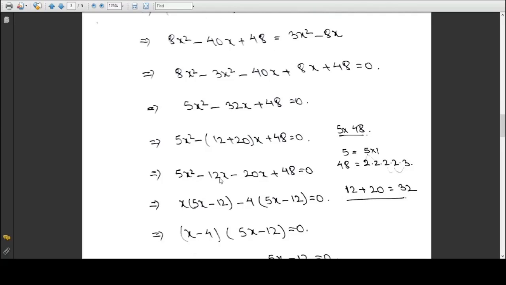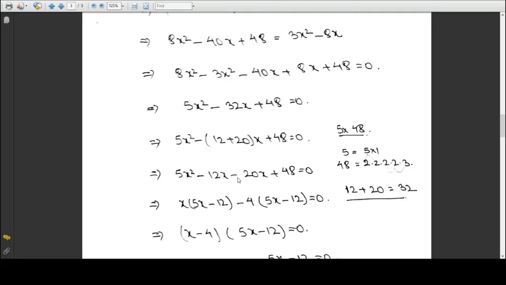For the first two terms, take the common term. Neither 5 nor 12 is common among the numbers, but x is common because x is there in both terms. You can take x out, and then in the bracket we have 5x minus 12.